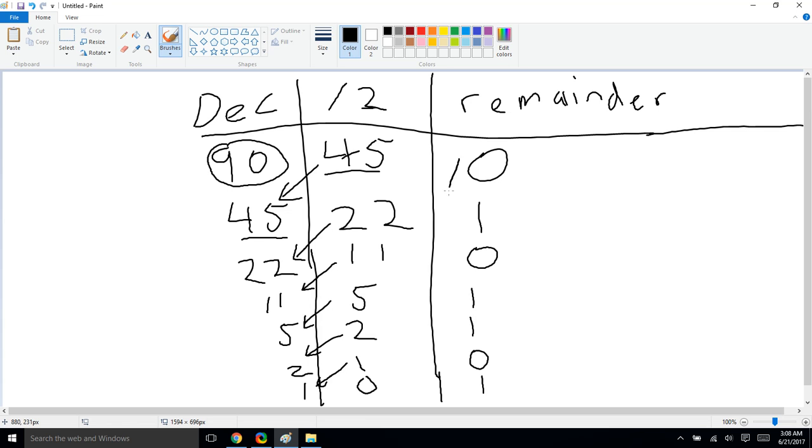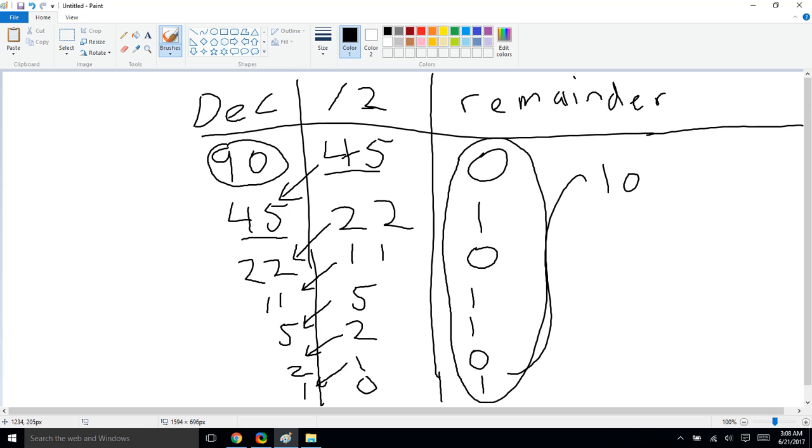Now if I take this number here and write it from bottom to top, 1, 0, 1, 1, 0, 1, 0. So this 1 goes there, and this 0 goes here, and that actually turns out to be my binary value.